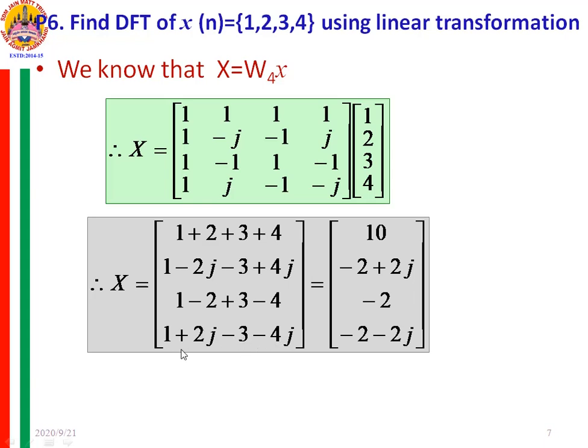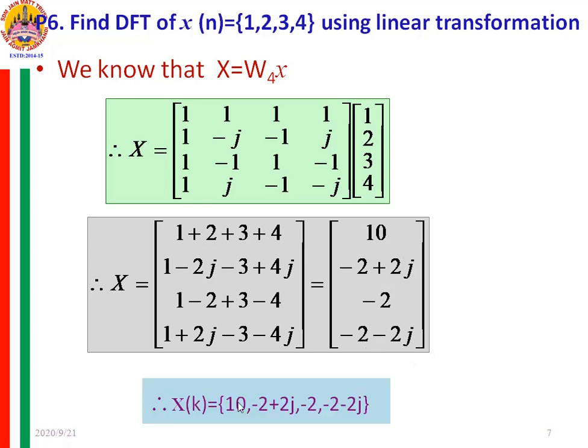The minus 3 and 1 is minus 2, and minus 4j plus 2j is minus 2j. Now you observe that these two are conjugate pairs of each other. So X(k) is equal to 10, minus 2 plus 2j, minus 2, minus 2 minus 2j.